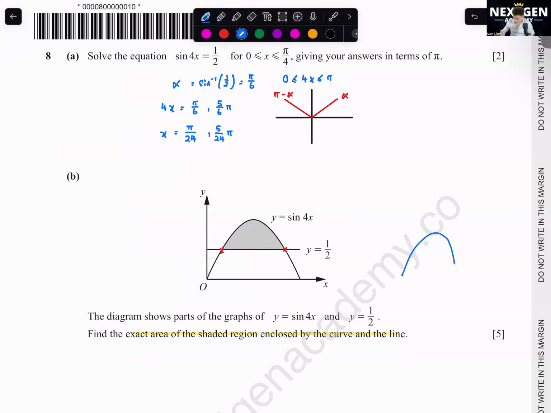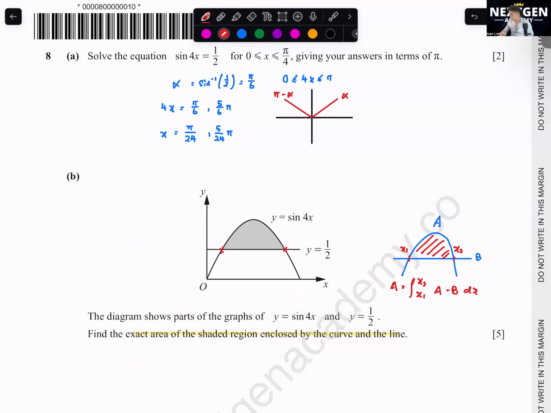Let's say the top one is called A. The bottom one is called B. And we want to find the area over here. This is x1 and x2, where they intersect. The formula is integrate from x1 to x2, A minus B.